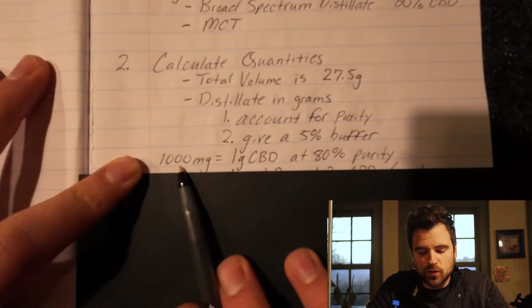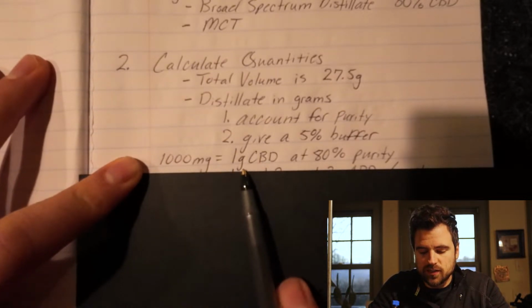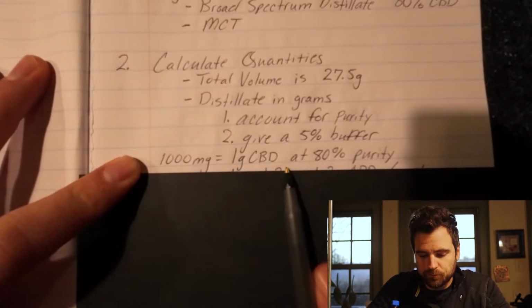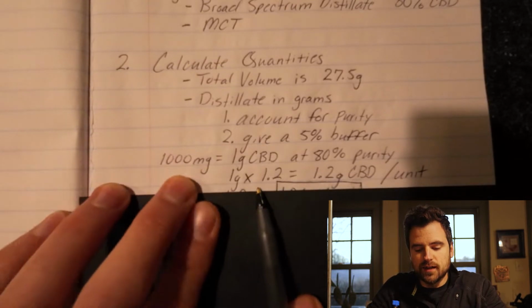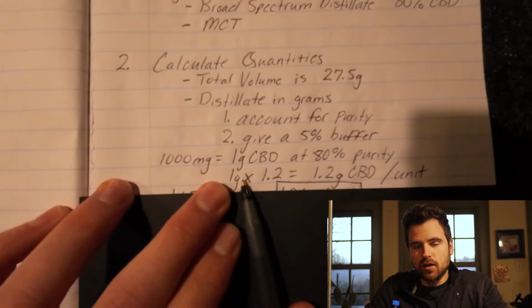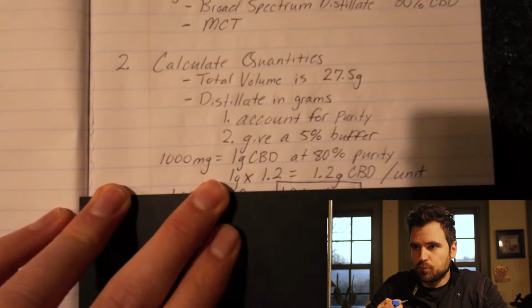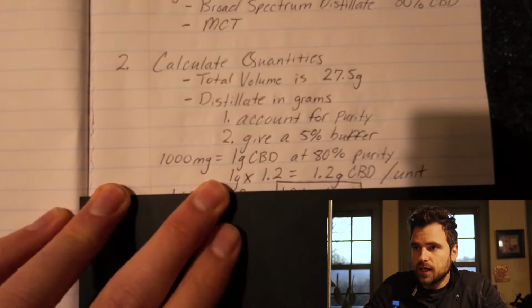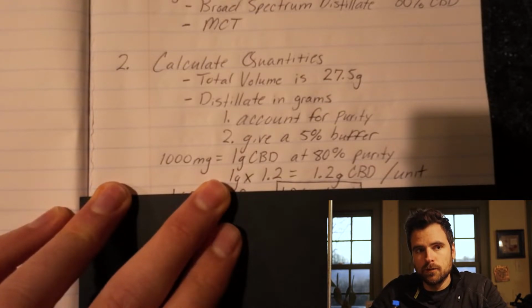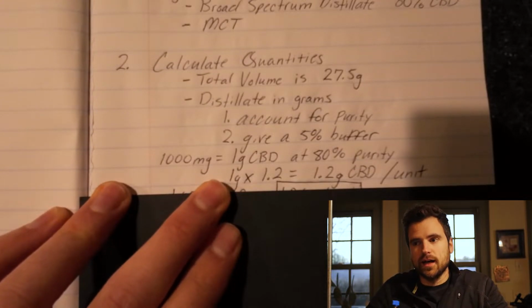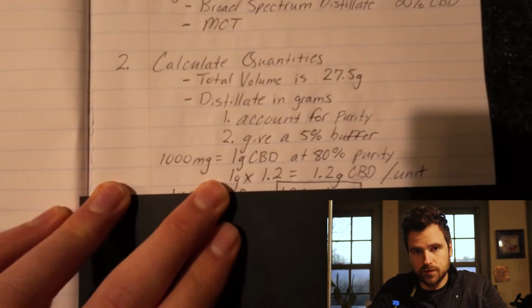Right, so here's a simple equation. 1,000 milligrams is equal to 1 gram. Again, at 80% purity. The way we calculate this, put simply, is if the distillate is at 80% and you put 1,000 milligrams into a tincture, the test value is going to come back at 800 milligrams in theory.